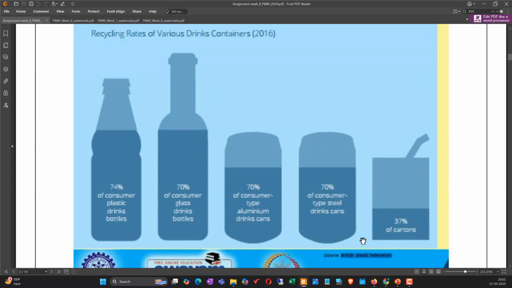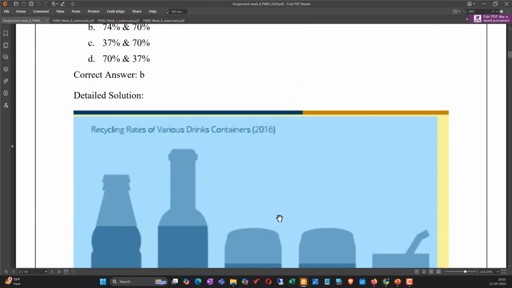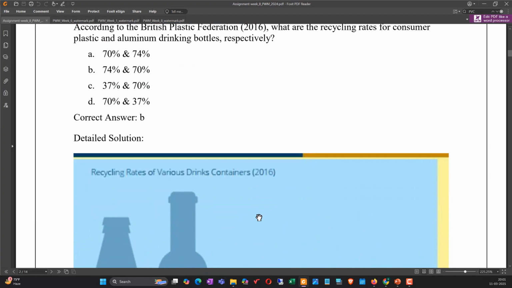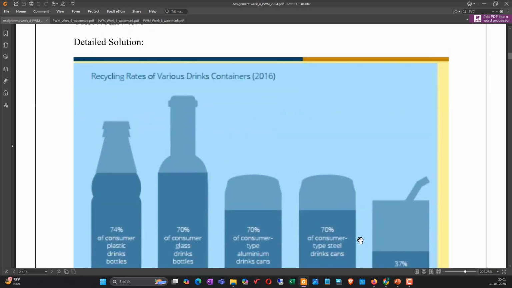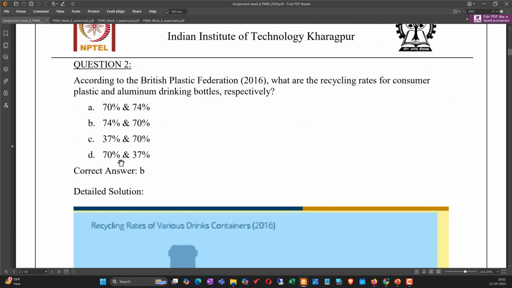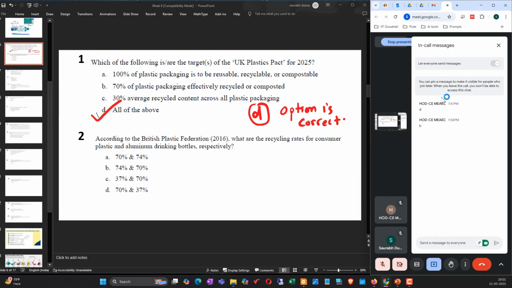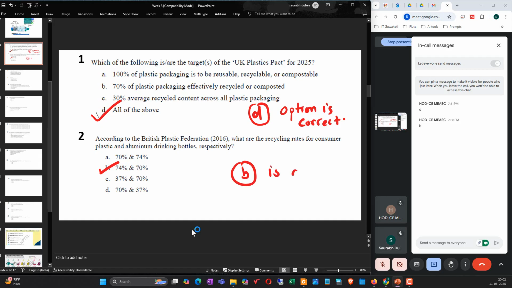So cartons are the least, and consumer plastic drinks are the most. You see, these extremes are mostly asked, so it's easy to have some idea about that, right? So option B is correct, right?